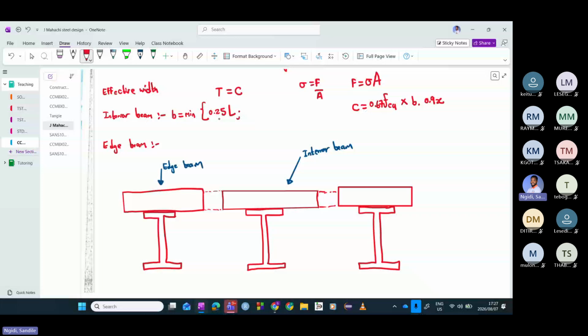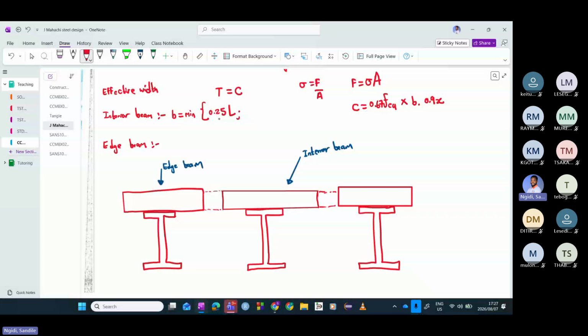And then for edge beams, clause 17.4.2 from the code book. Again, there are two conditions there when you are dealing with an edge beam. So this B is the minimum value between two. The first value says slabs or cover extending on one side only of the supporting section or joist shall be deemed to have a design effective width B not greater than the width of the top flange.